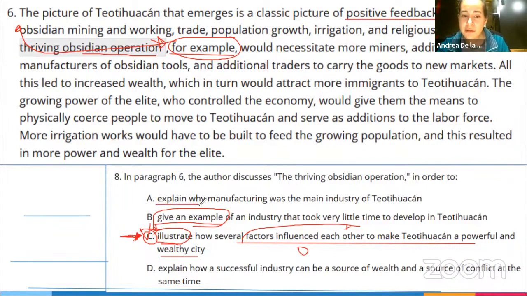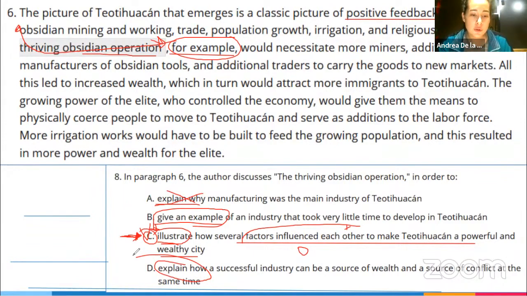The other ones don't have the correct verbs because this isn't explaining why. If it was explaining why, then you would have words like, this was because the thriving obsidian operation, blah, blah, blah, right? That is explaining why, when you say because. Explaining how is another thing. When you explain how, you would say, this was done by using the thriving obsidian operation and so on.